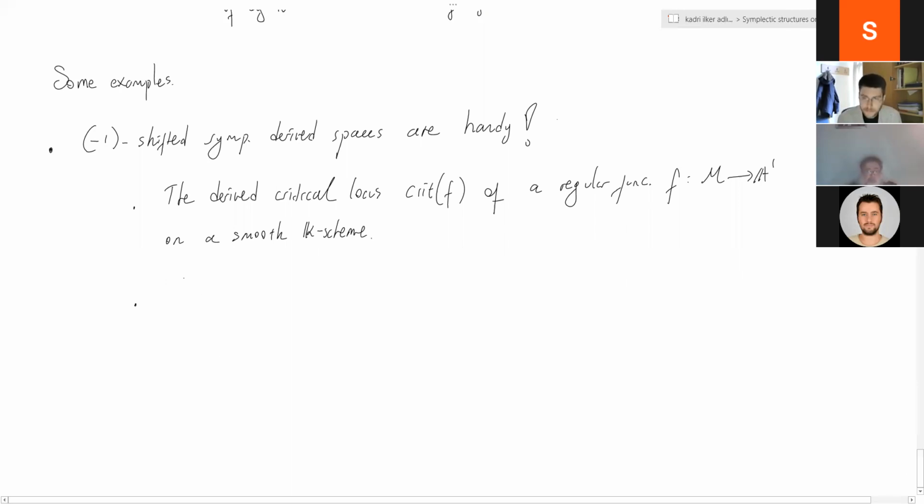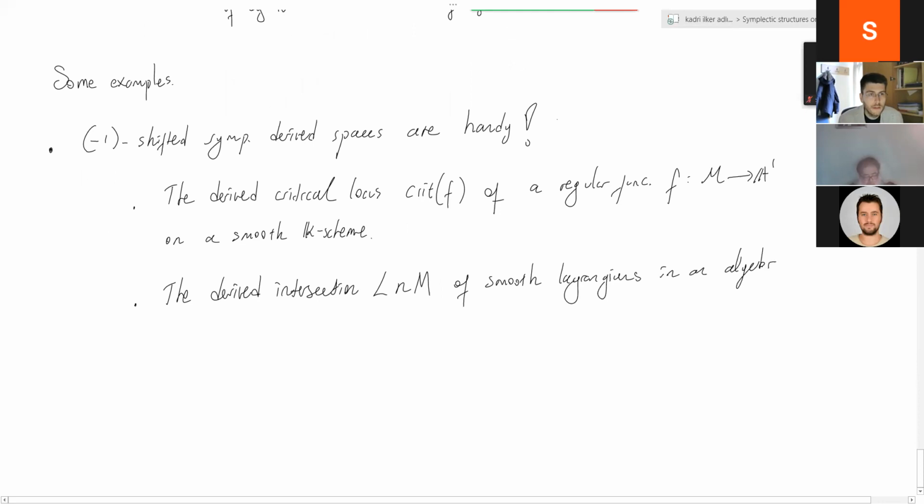Another example, if you look at the derived intersection L intersection M, of smooth Lagrangians in an algebraic symplectic manifold, let's say N, omega. This is again a -1 shifted symplectic derived space.